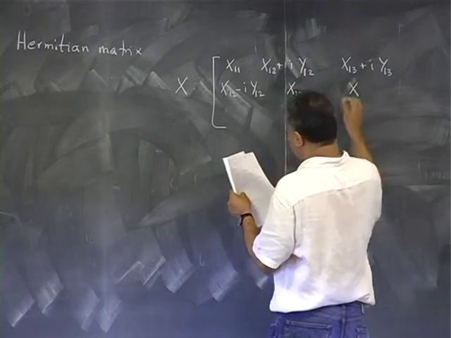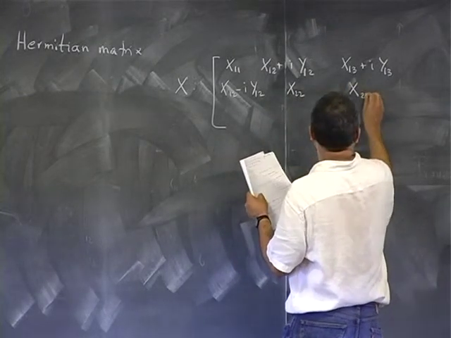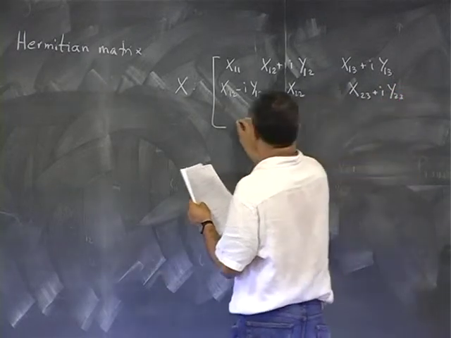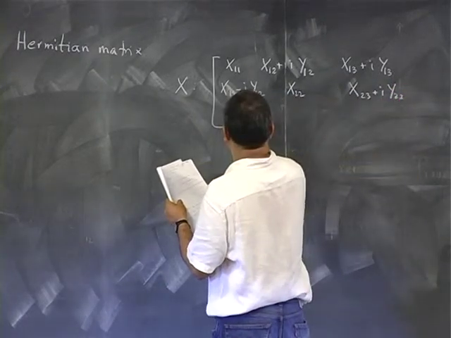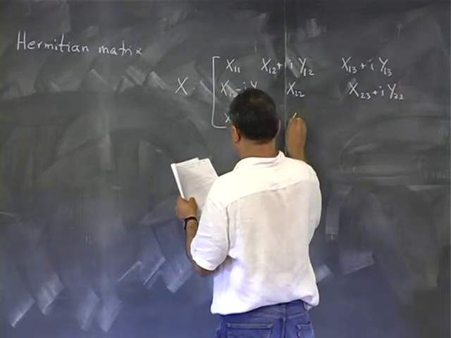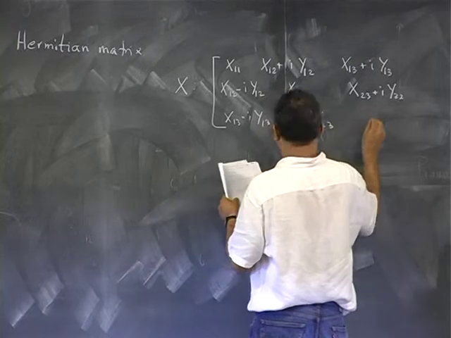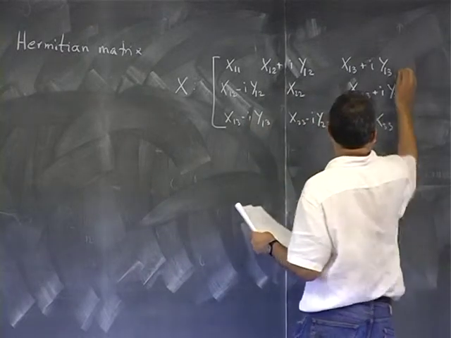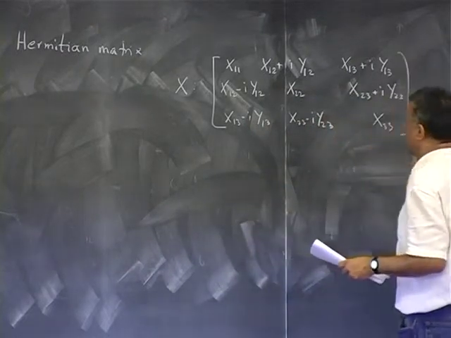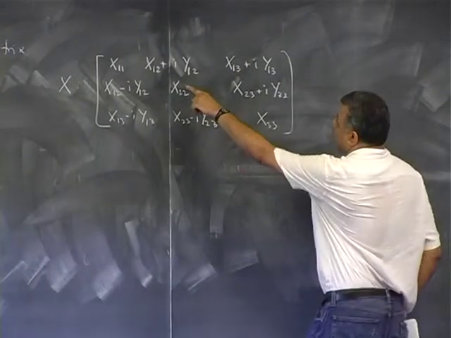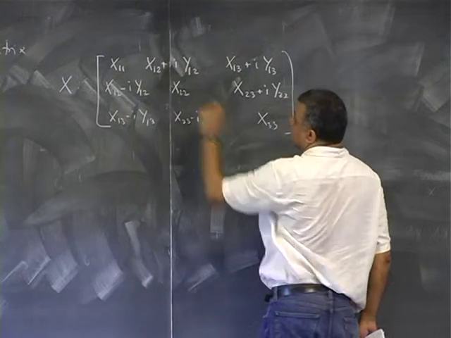So the diagonal elements are always real for Hermitian matrices. For such a matrix, how many independent entries are there?